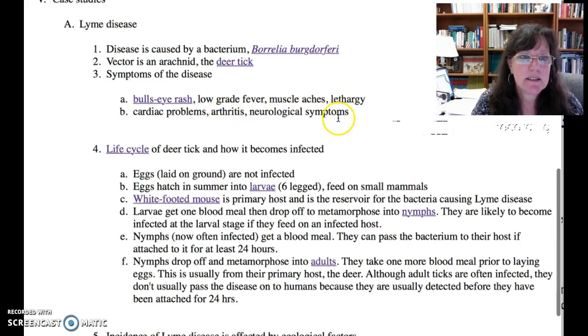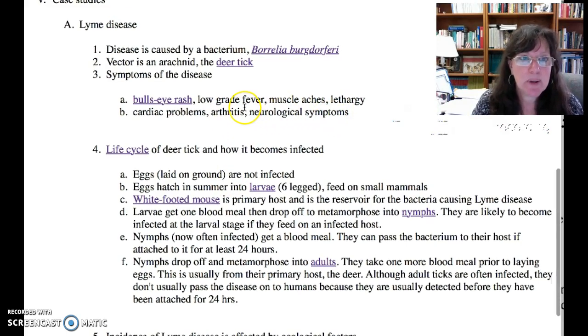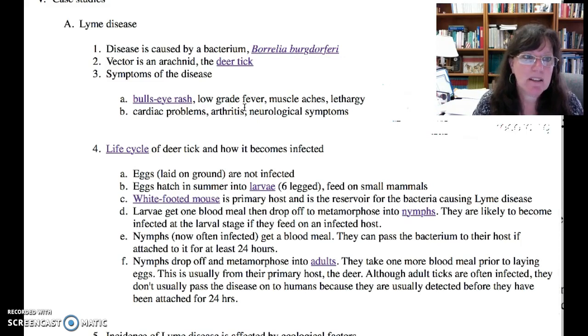The next symptoms are pretty ambiguous, right? Low-grade fever, muscle aches, lethargy. There's a huge number of illnesses that all have these very same symptoms. So if you got sick like this, you would probably think it was the flu or something, and it would be over in a couple days. You probably wouldn't think, first off, that it's Lyme disease.